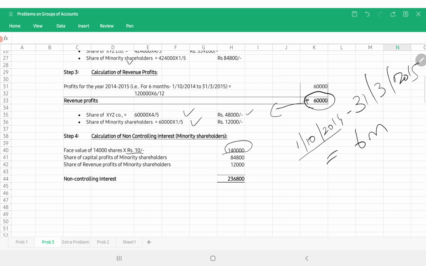Whatever share you computed in the second and third steps, only that amount you are going to take for finding the total non-controlling interest. So when you add the revenue profit and capital profit to the face value of shares held by the minority shareholders, the total is the non-controlling interest.